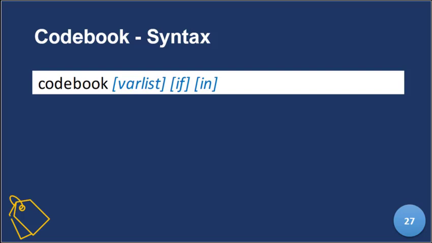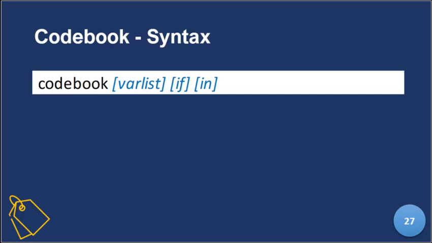This is a bit different from describe, which cannot select certain variables. So that's what codebook does, and that's how it differs from describe. Describe has some information that codebook does not have, and codebook has some flexibility that describe does not have. So it depends on what you want to do and what you want to achieve.